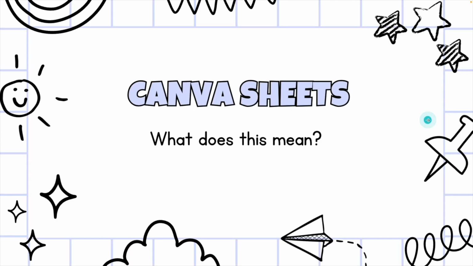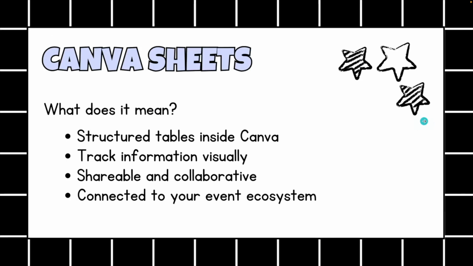All right. So first up, what is Canva Sheets, right? What does it mean? Well, let's define the terms. Canva Sheets are structured tables that live right inside your designs, right? What's cool is you can create these sheets and embed your Canva-based projects into them.